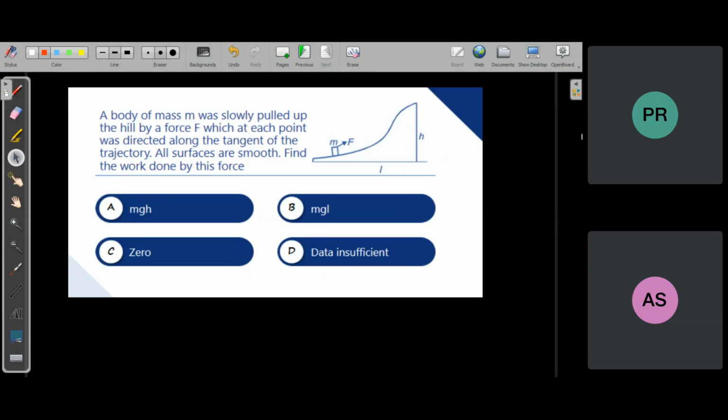That is the meaning of reference. You assign a particular point and say this point has zero potential energy, and that is my reference. So how can we take the reference position?